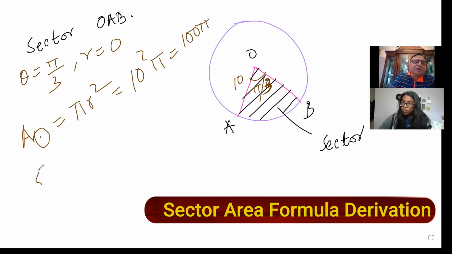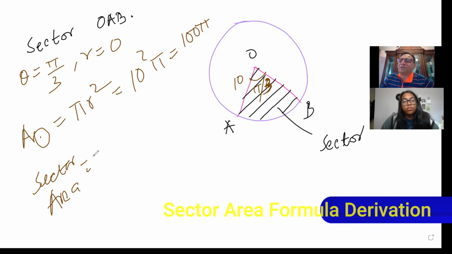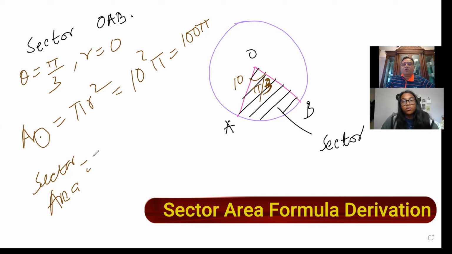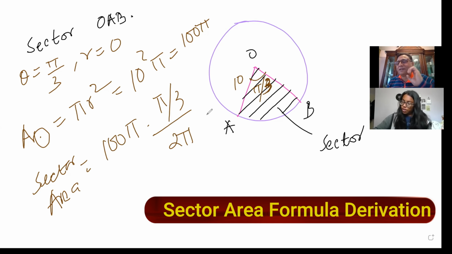Now the sector area should be how much? From the symmetry itself. See, a circle has infinite symmetry, and from the symmetry itself, we can find the sector area. It is in the same proportion as the angle, correct? So we can say 100 pi times this angle, which is pi by 3, divided by 2 pi, because the full circle area corresponds to a 2 pi radian angle.